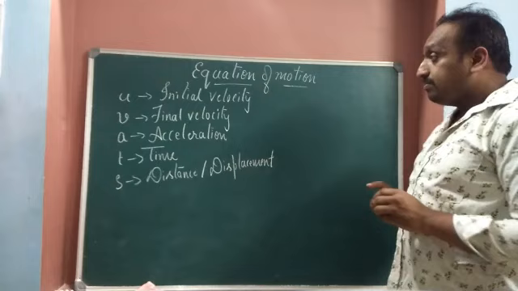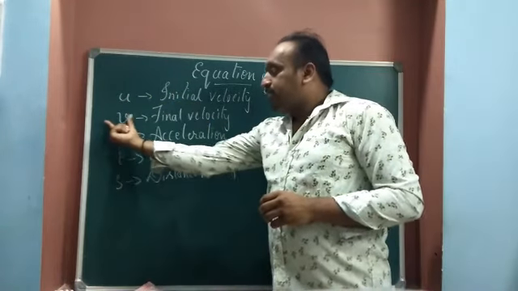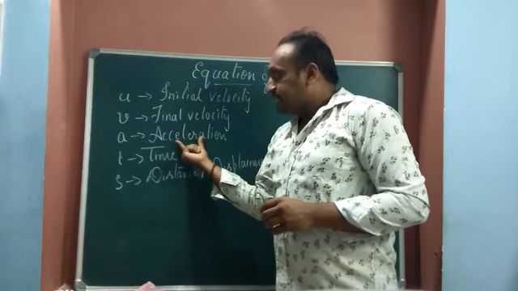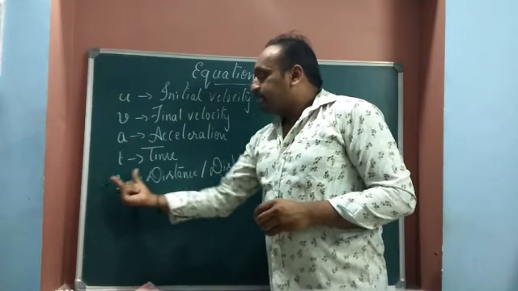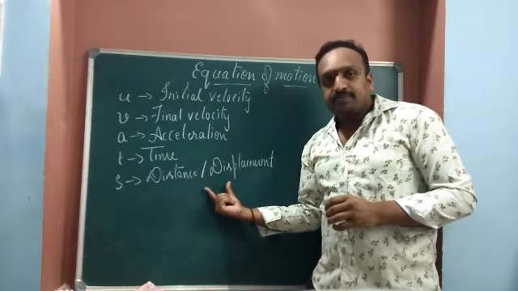I repeat one more time. U represents initial velocity, V represents final velocity, A represents acceleration, T represents time and S represents distance or displacement.